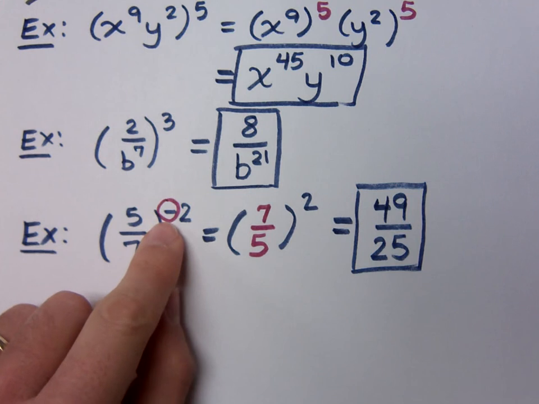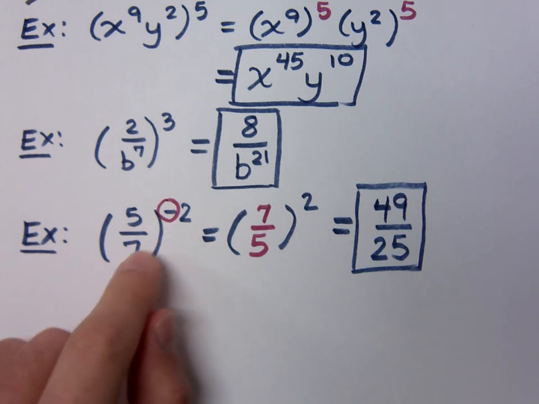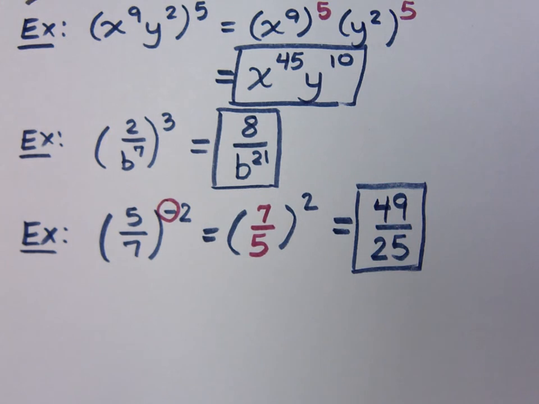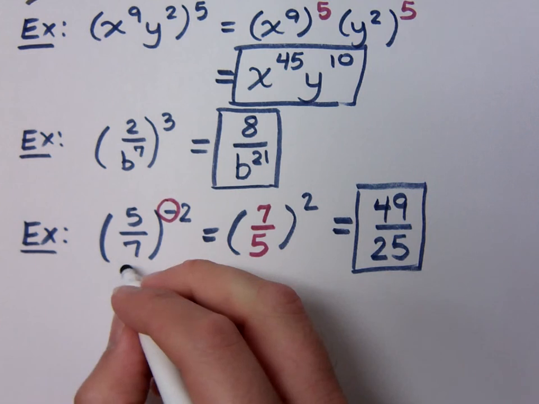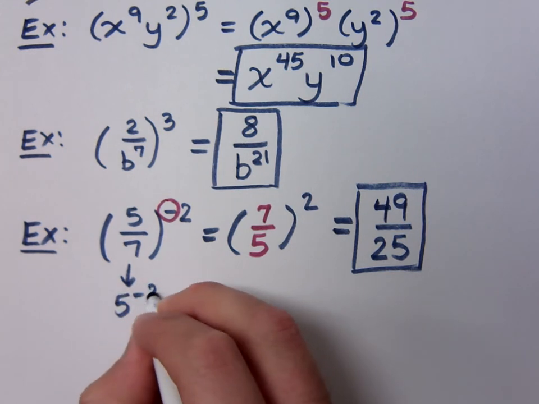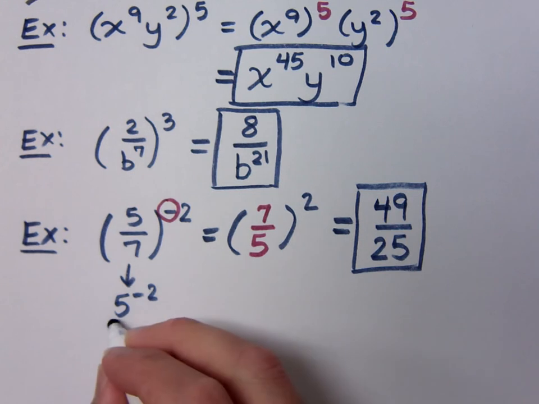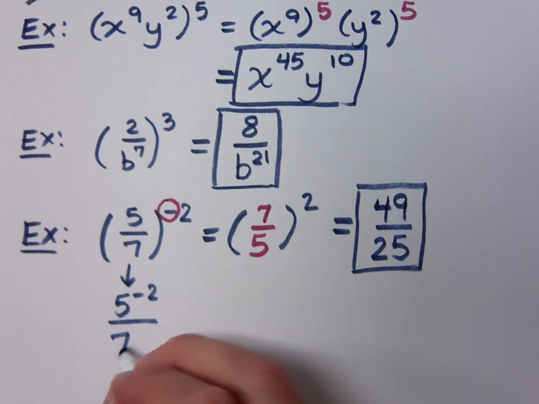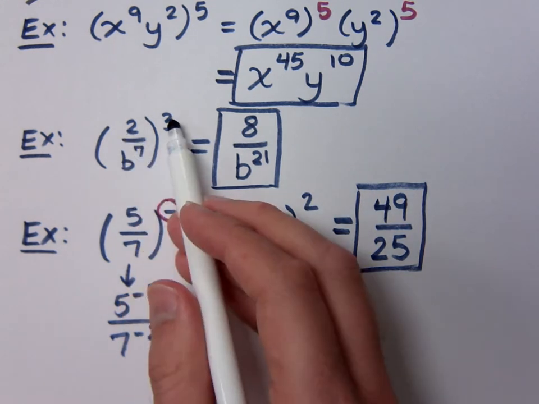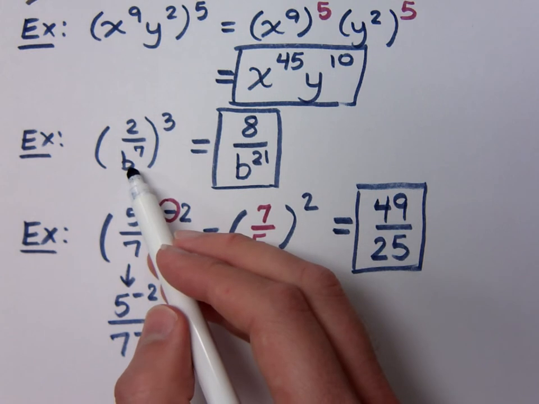I used the negative to do the reciprocal. Otherwise, you know what it would look like? It would be 5 to the negative second over 7 to the negative second power. That's what it would be if I applied that to both of those, right? Just like here I applied the cube to the 2 and the cube to the b to the 7th.